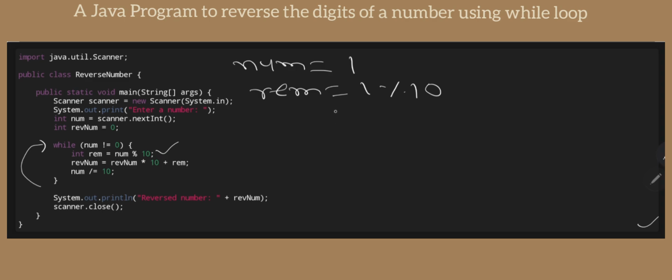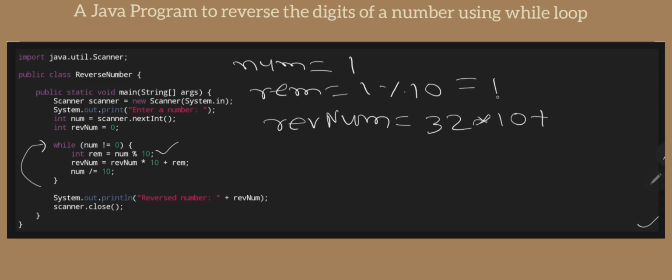Now here revNum equal to, last time reverse number is 32, multiply by 10 plus remainder.